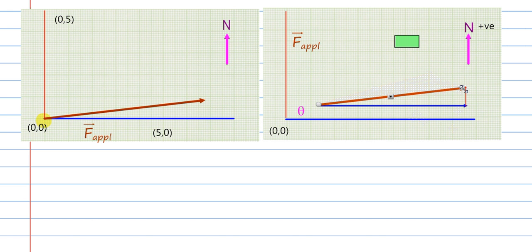And you could also think about it this way. Your applied force vector, wherever it happens to be on this grid, also determines or has an effect on the components that make up that vector. So, for example, you might be thinking, if I know one of my components, say 10 newtons to the east, and I know this angle, theta, perhaps I can determine the magnitude of the applied force.